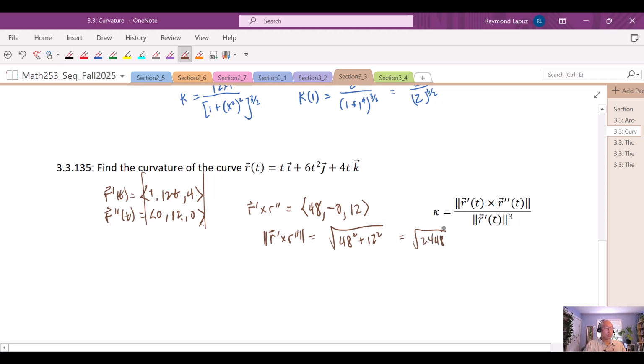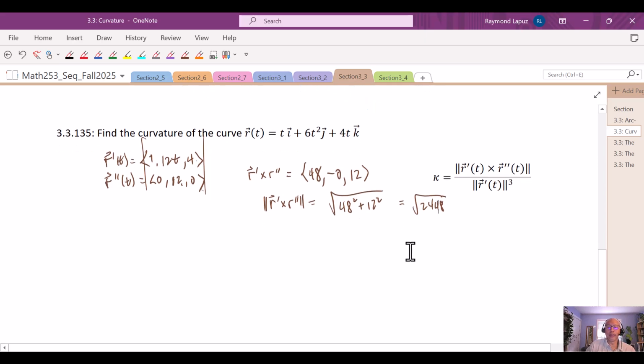I don't know if this is a perfect square. It's not a perfect square, so I'll leave it like that. There's definitely a lot of 12s happening here. You can probably factor out a 12 or a 24 and then another 4, so I'll just leave it like that.